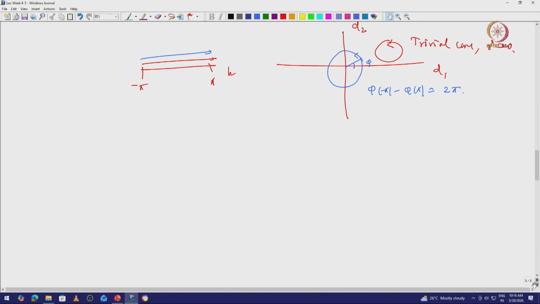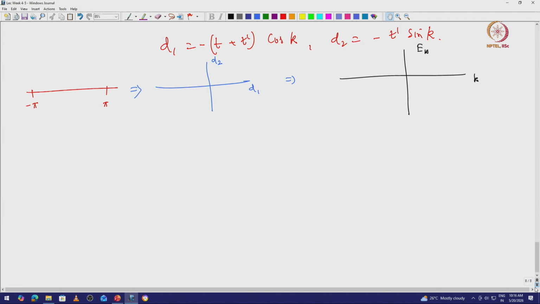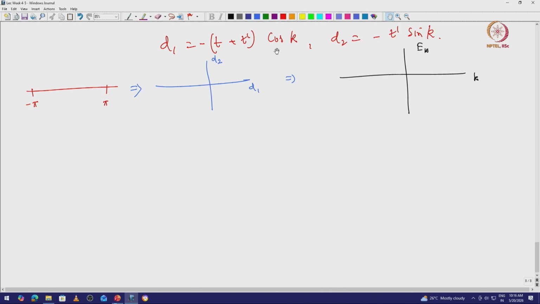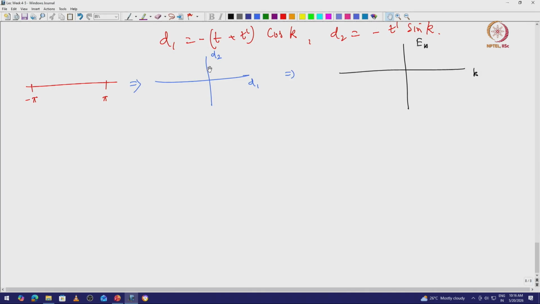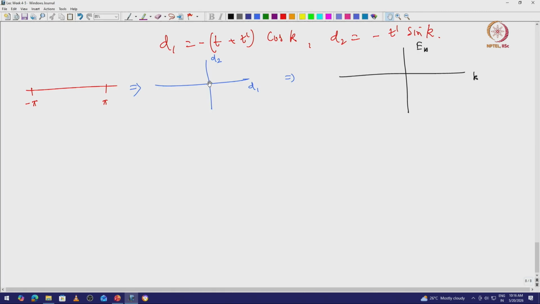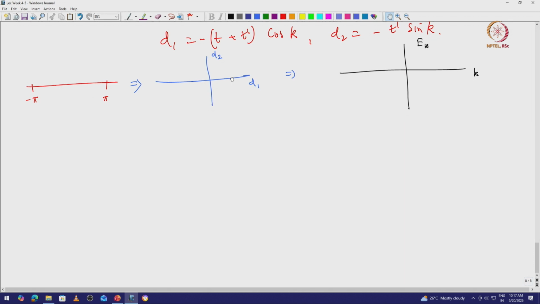So, the essential condition we already found out is that d1 and d2 both should change sign in the parameter space, so that as we go along from minus pi to pi, we at least wrap the d equal to 0 region. And to wrap the d equal to 0 region, both d1 has to change sign and d2 has to change sign.